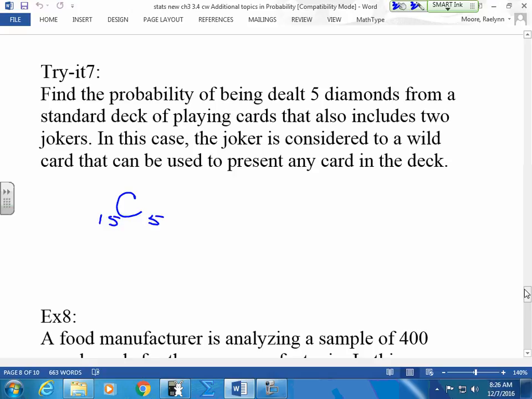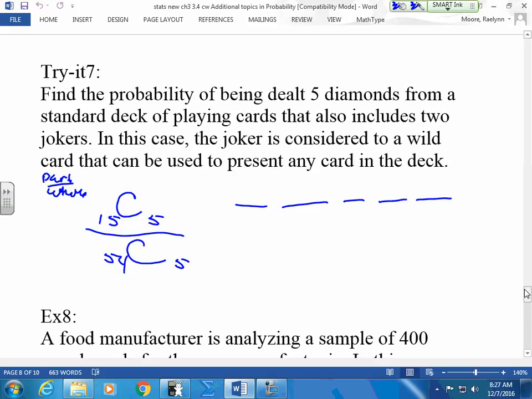It normally was 13, but because we can use the jokers, why have the jokers in there if you're not going to use them for diamonds, right? Now, probability is always part over whole. It goes over my denominator, which is any 5 cards. But how many are in my deck now? 54.